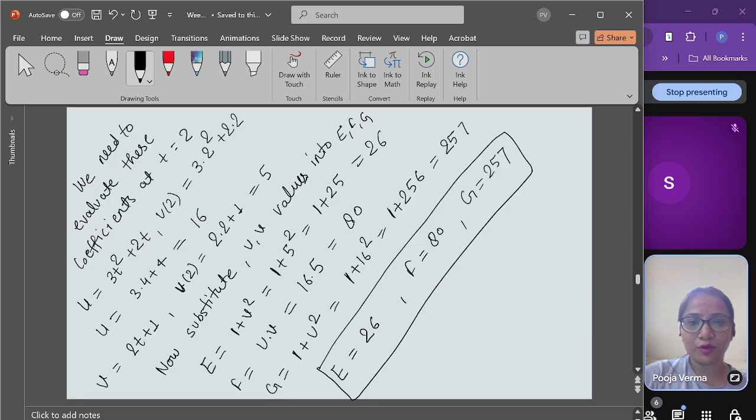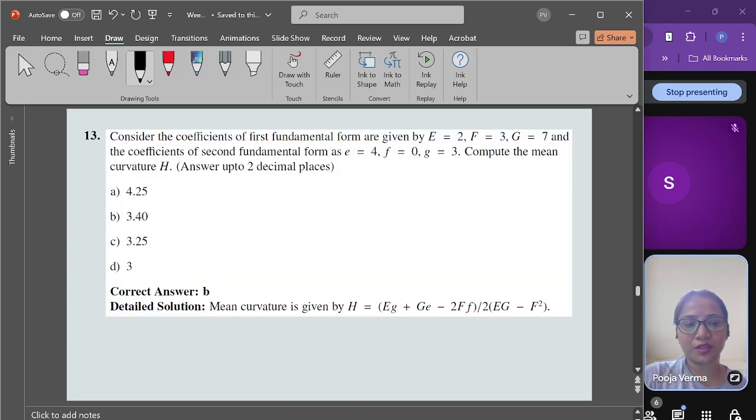Okay, so I hope you have understood this question. Now moving to our next question. Okay, so next question, already here it is given and the formula is also given. So can you calculate it directly? Now all the values are given, mean curvature is given, the formula is also given, and the correct answer is also given here.